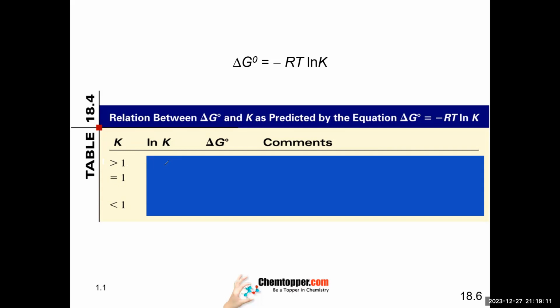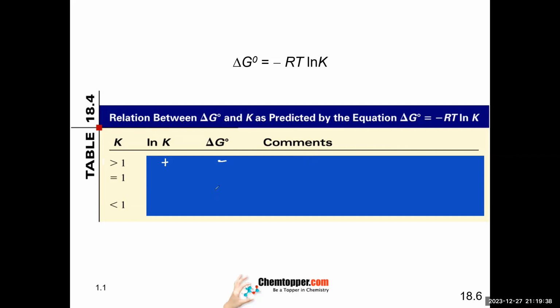If this K is greater than 1, ln K is positive, very good, Atharva. If ln K is positive, delta G naught is in this equation negative. The reaction is spontaneous, right?